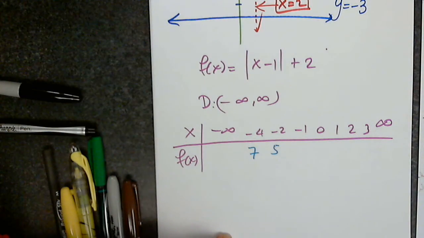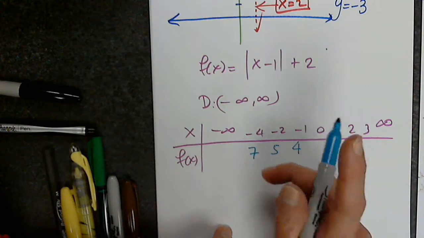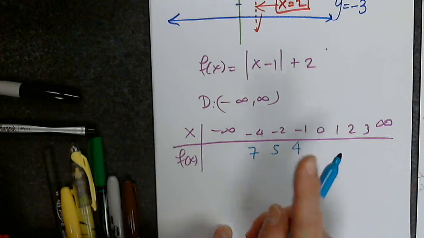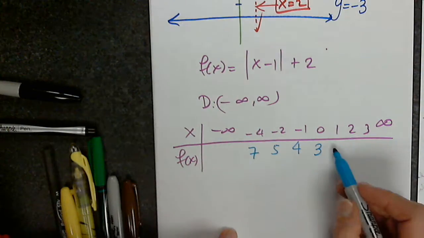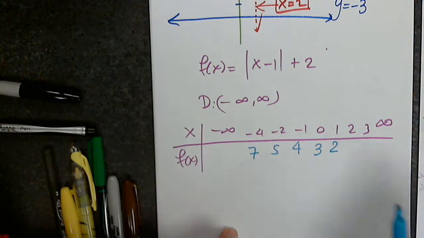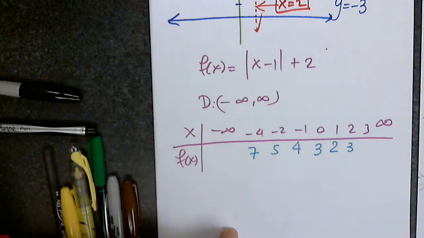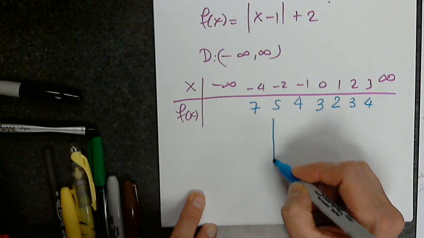Plug in -1. Plug in 0, 3. Plug in 1, 2. Plug in 2. Very good. Plug in 3. Good enough. Okay.